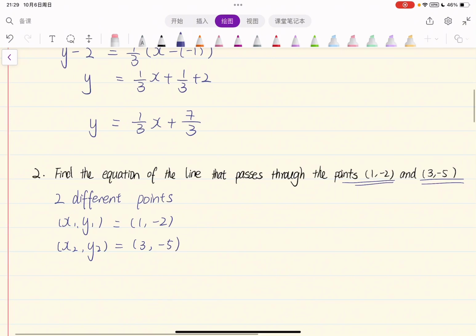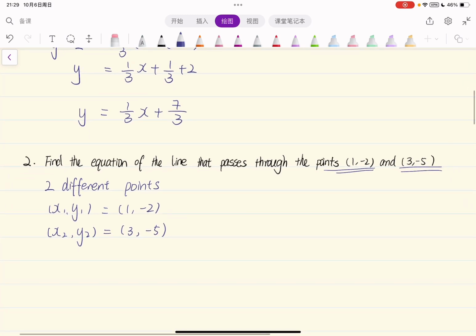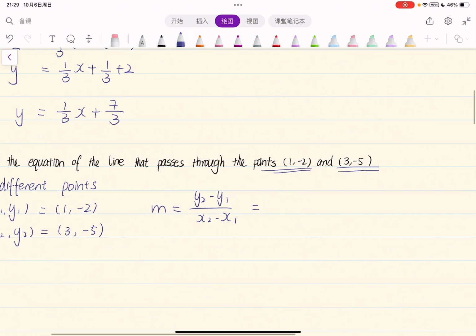Now you can calculate the gradient. So m equals y2 minus y1 over x2 minus x1. We have -5 minus -2, so that is +2 over 3 minus 1, equals -3/2.